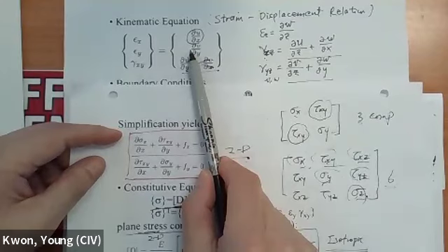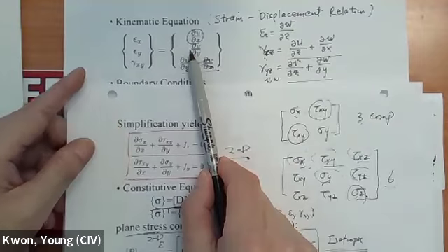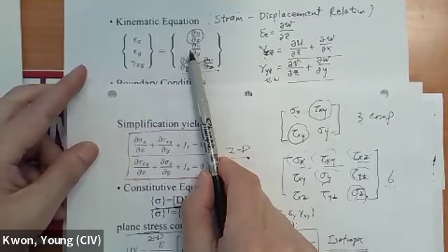Okay. So the bottom line is that unless the problem is very simple, geometry-wise and also boundary-condition-wise, you cannot get an analytical solution. That's why people developed strength of materials, which is easy to solve.